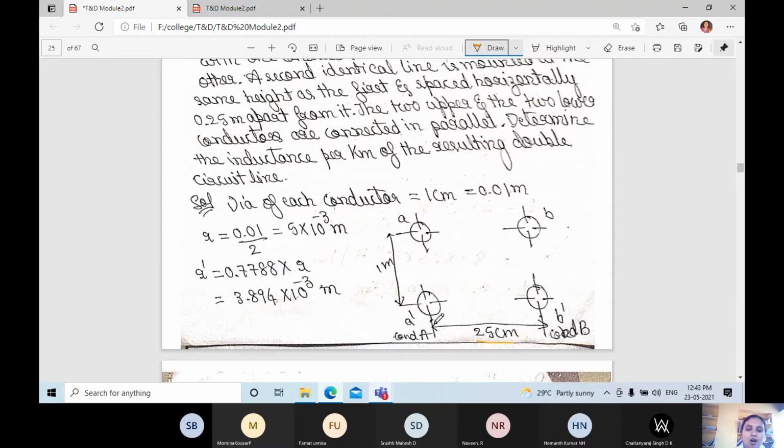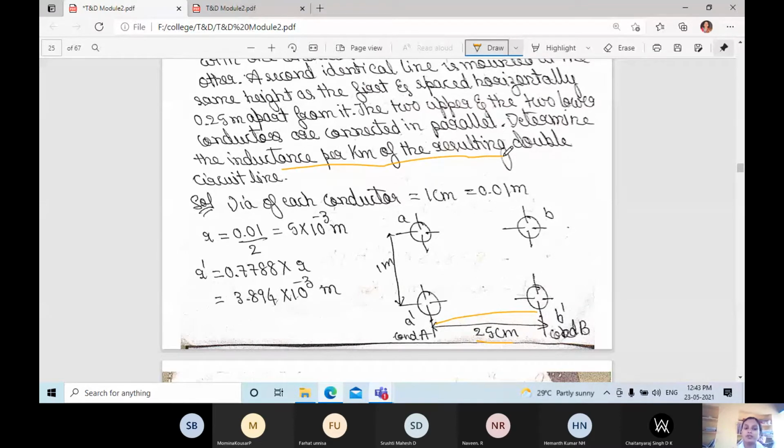This horizontal spacing is 0.25 meter. The two upper and the two lower conductors are connected in parallel. Determine the inductance per kilometer of the resulting double circuit line.